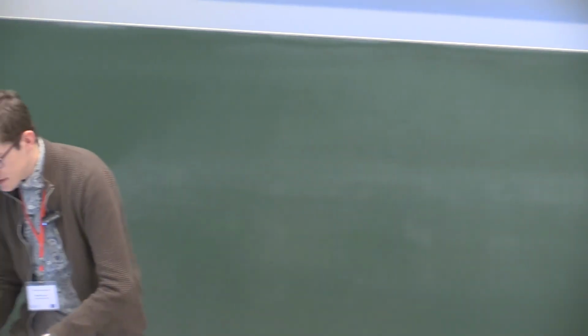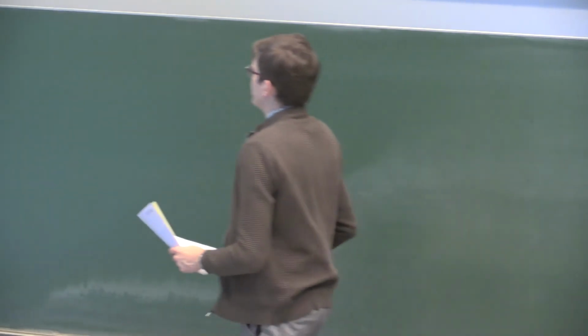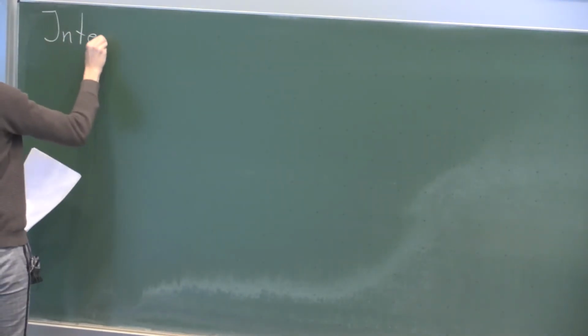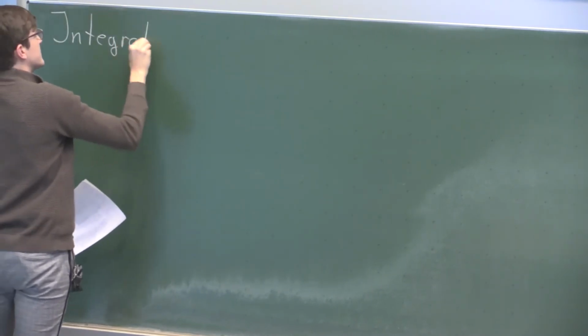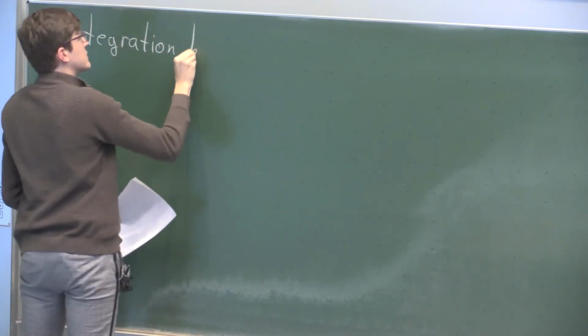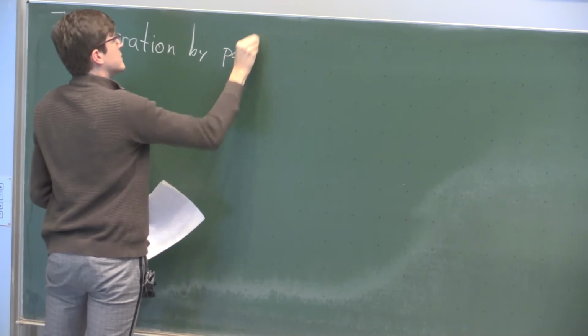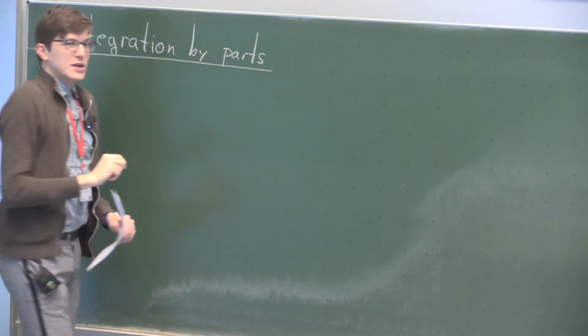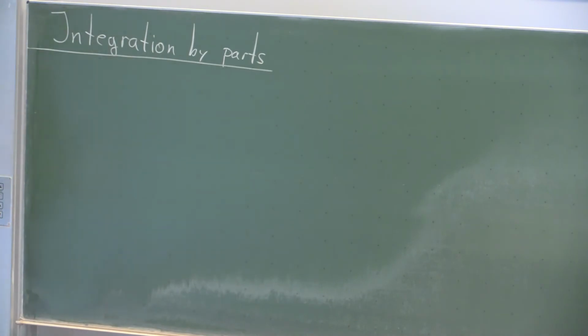OK, so let me just lose a few words on integration by parts. Please, everybody raise their hand if they know integration by parts in momentum space, or if they have seen it once, at least.